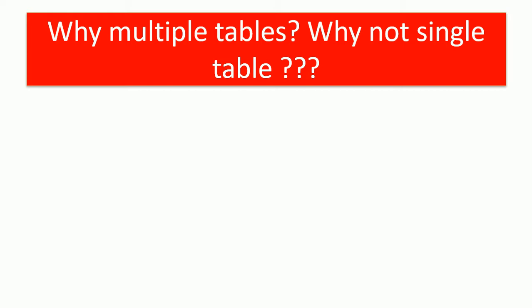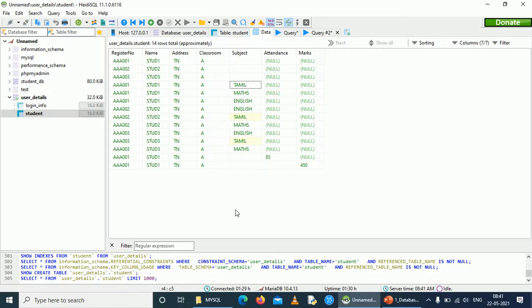Before that, we will see what is the disadvantage of having all the categories of data in a single table. This table is the example. The first three rows contain register number, name, address and classroom of three students.